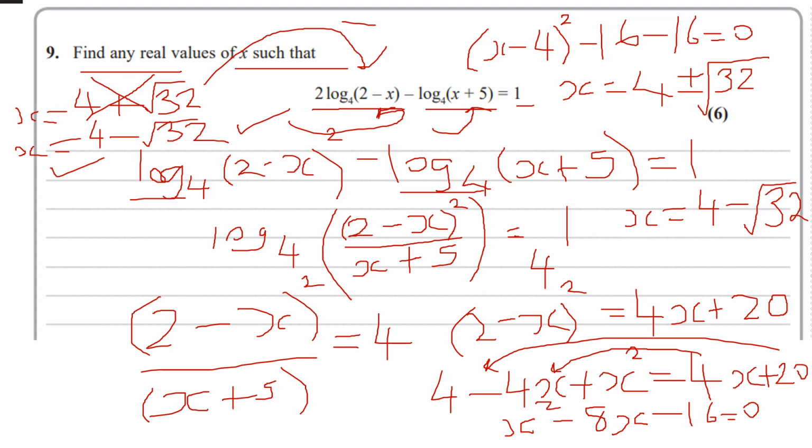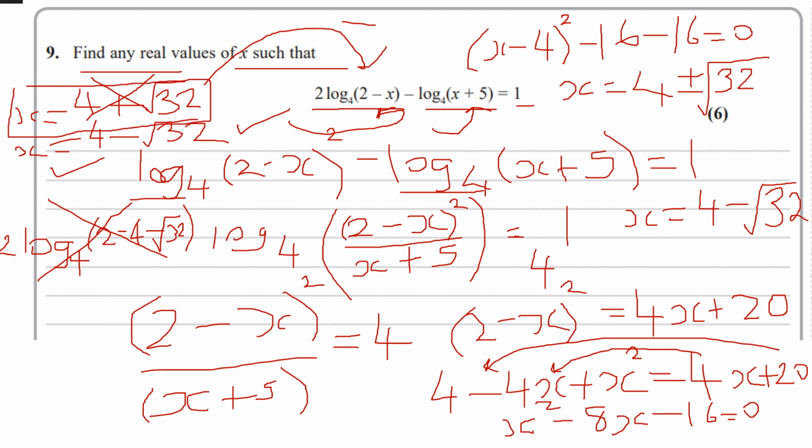So do it here, guys: if I do 2 log base 4 of 2 minus x, remember, so minus x here. If x is equal to this, then minus x goes to minus 4 minus root 32. And if you enter that into your calculator, you will get a negative number, which I can't actually have. If you enter that, it will come up with math error. So that solution gets disregarded.